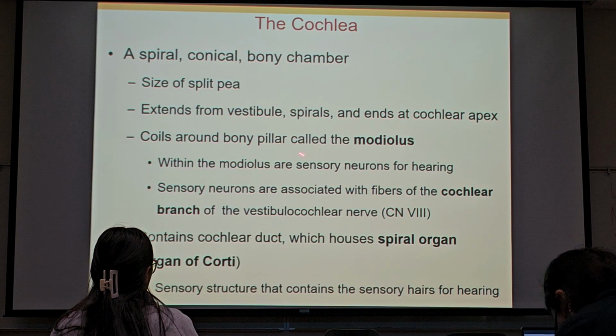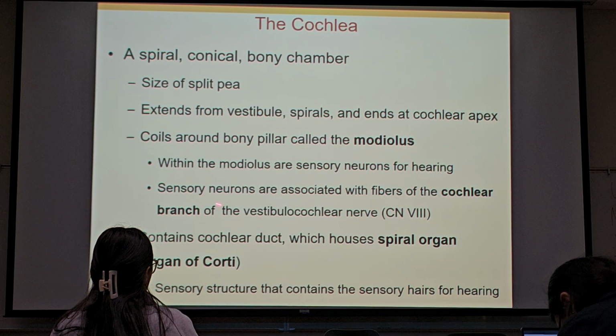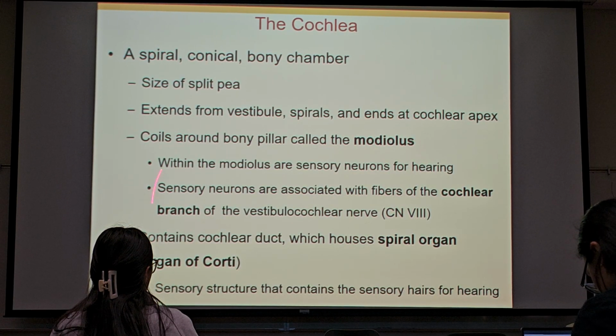The cochlea is coiling around a bony pillar at the center of it, called the modiolus. It stops at its apex. Here we're going to find sensory neurons that are associated now with the cochlear branch of the vestibulocochlear nerve. In the bony labyrinth you have the membranous labyrinth inside of it.